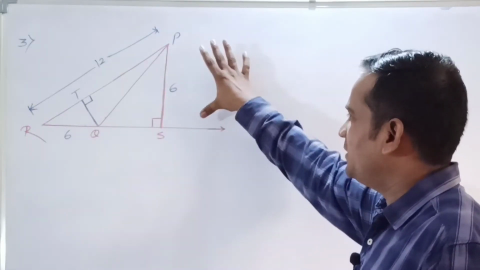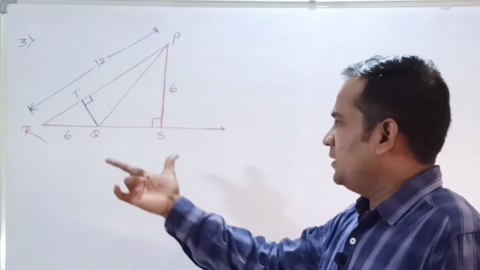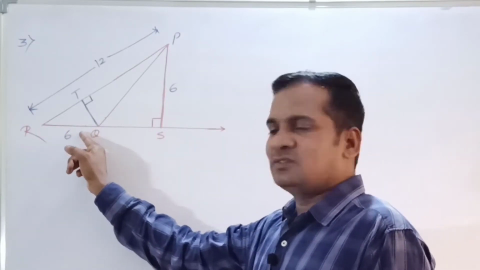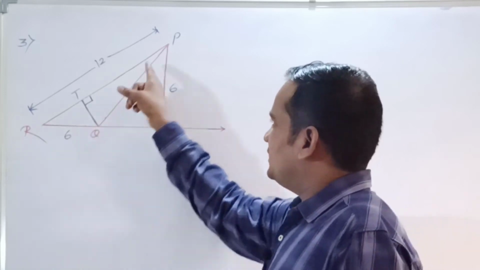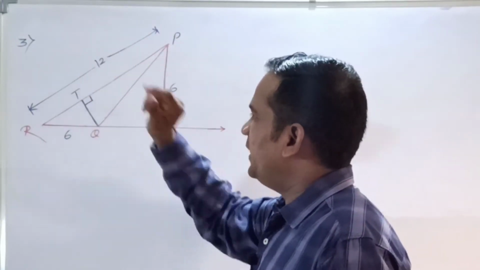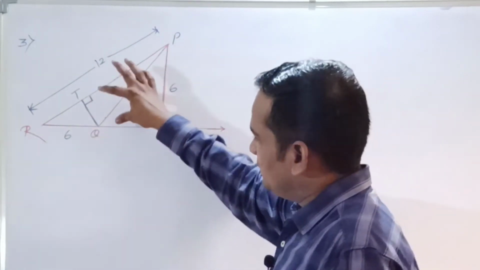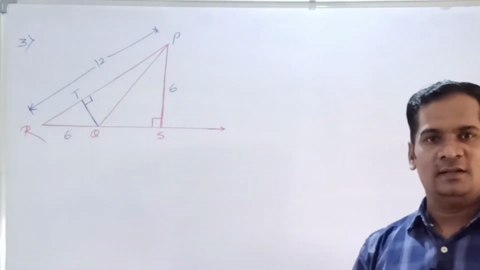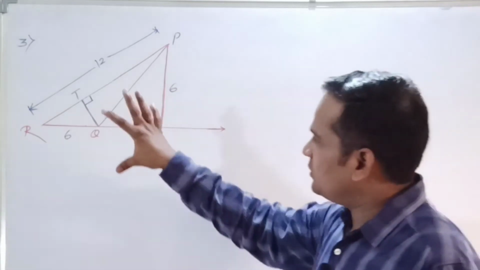Not 6 centimeters, 6 only units. The base of the same triangle, QR, is also 6. This segment PR is 12, whereas segment QT is perpendicular to segment PR. The question is to find this QT.